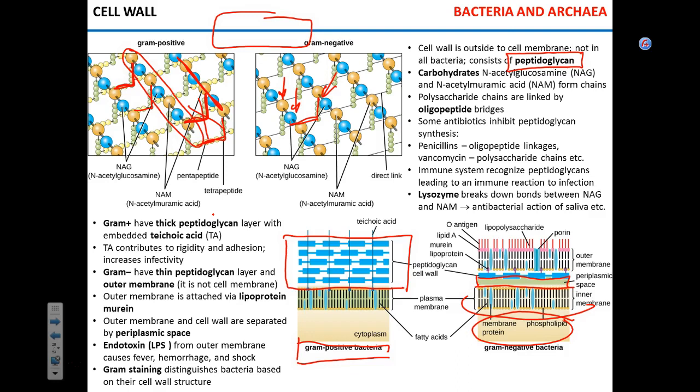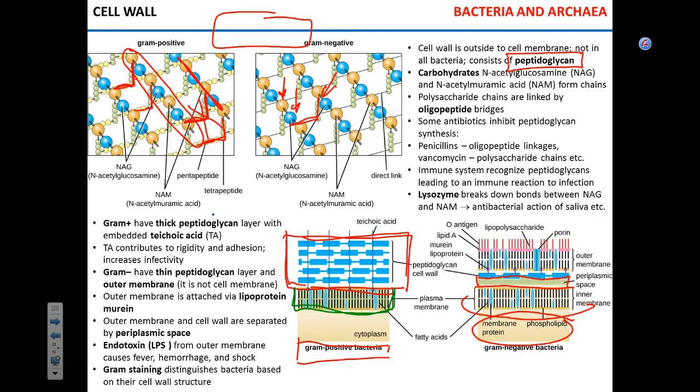We usually say that in gram-positive bacteria, the cell envelope, not a wall, envelope, contains two layers, a wall and a membrane. Can you see that? A wall and a membrane. Okay?